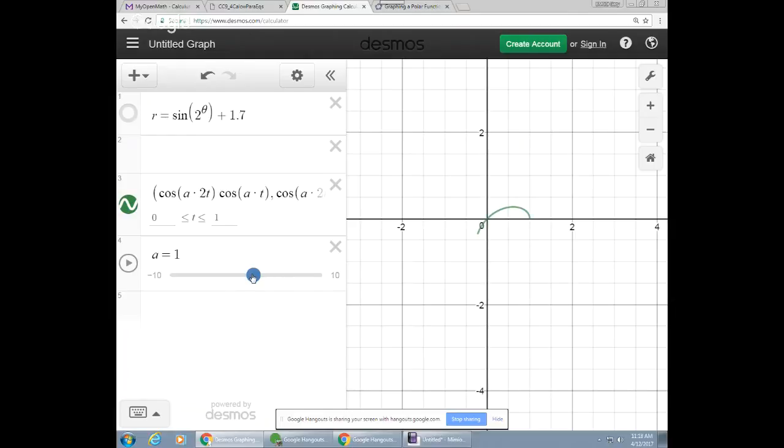There we go. So my slider, I probably should go from 0 up to 10, that's fine. And step just means how often you want to increment your sliders, like your delta x. Okay, so then I could start at 0 and I can watch this thing being traced out.